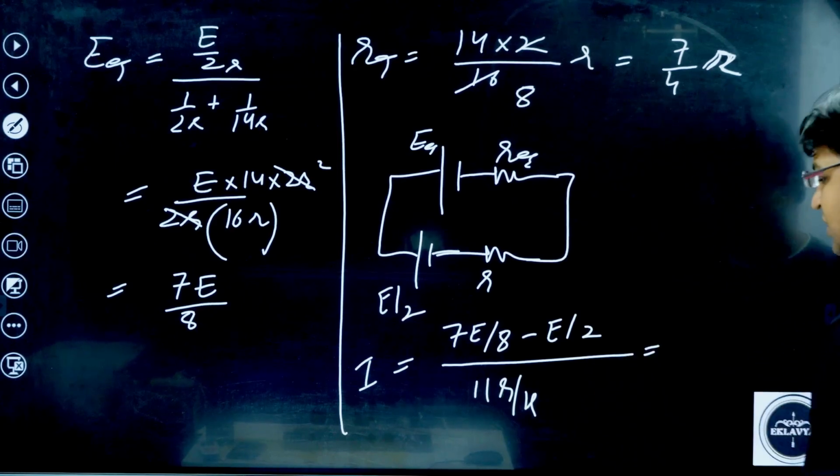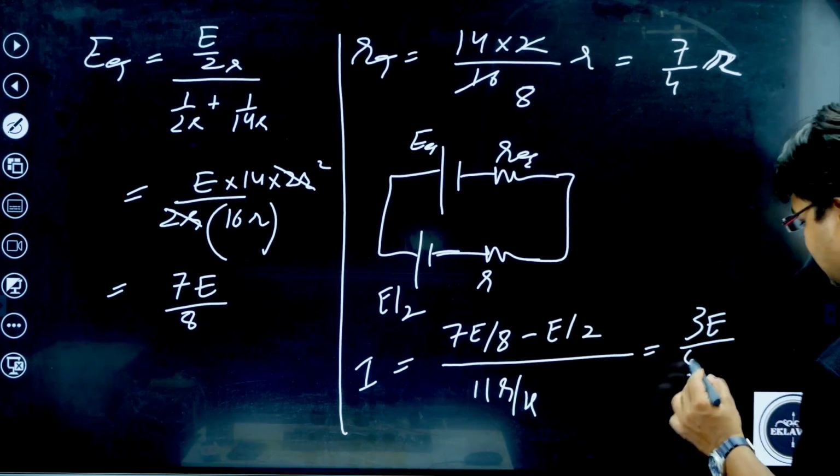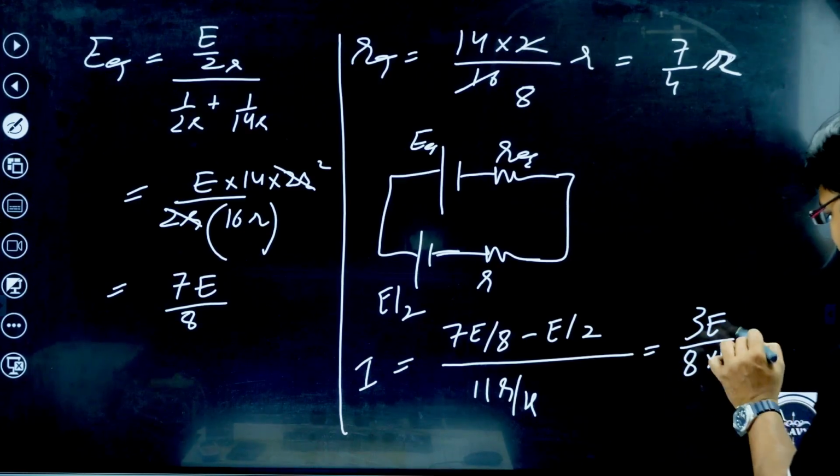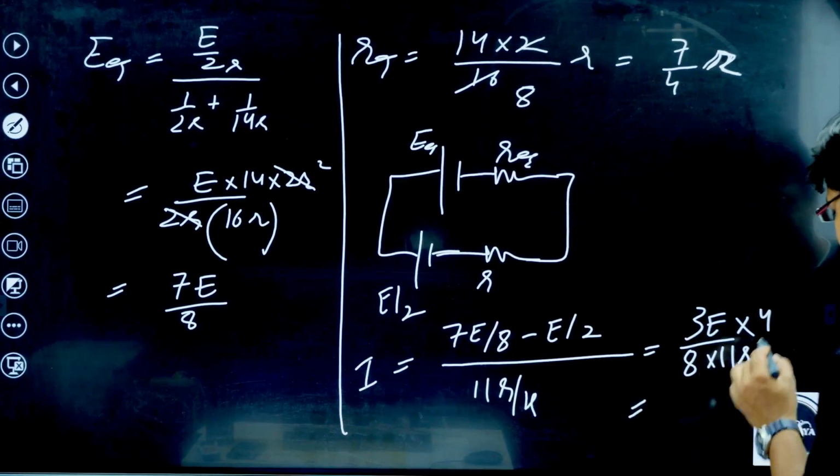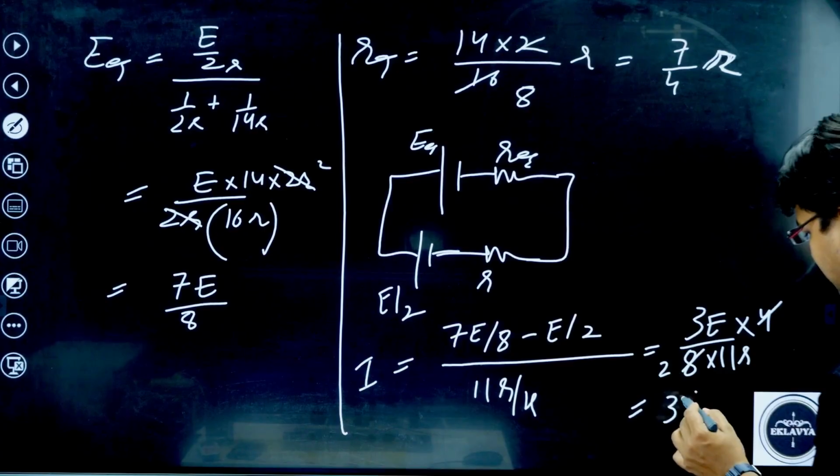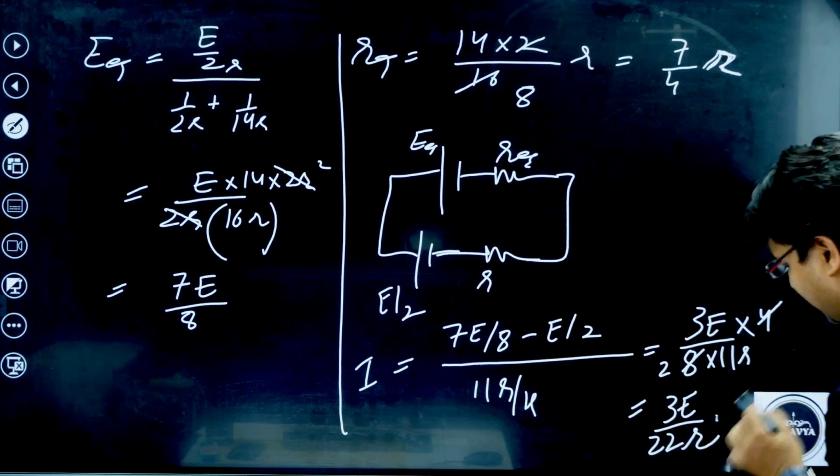And 7 minus 4 is 3. So 3E by 8 into 4 over 11R, which is 3E by 22R. That would be the right answer.